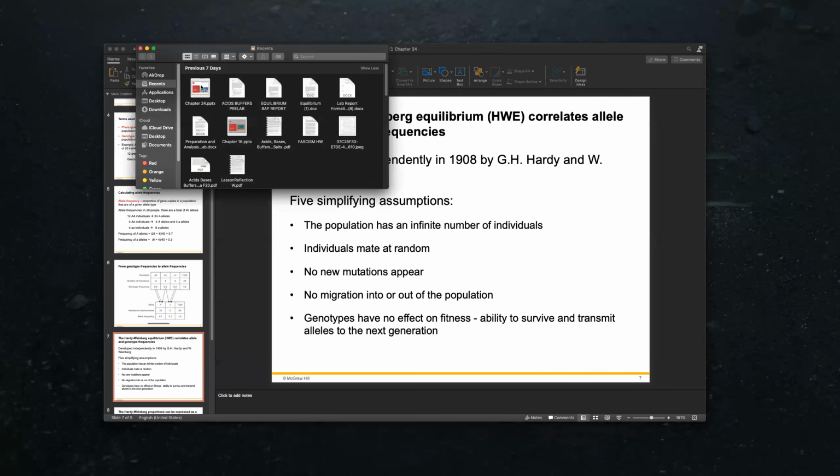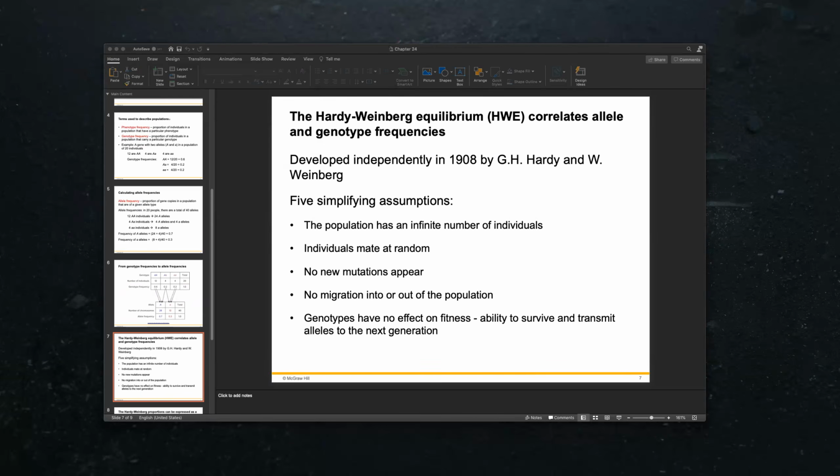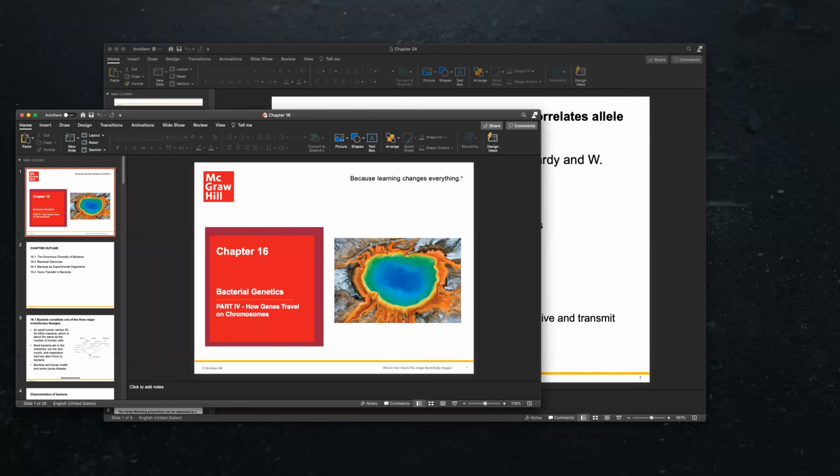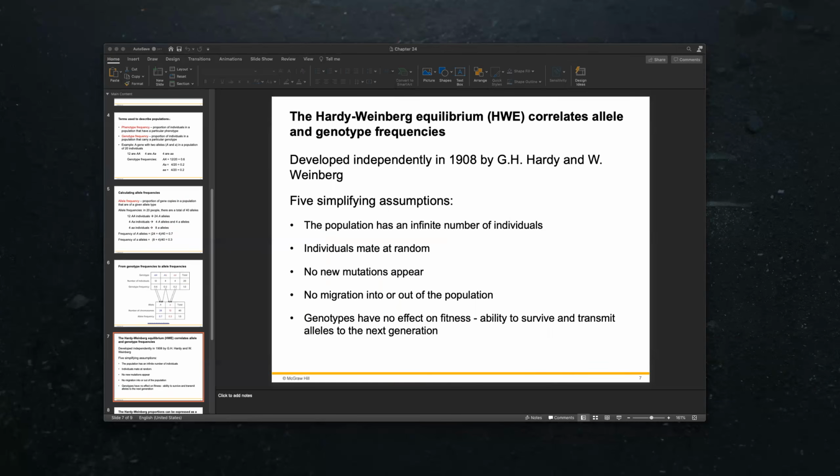The individuals must mate at random. There can't be any new mutations. There can't be any migration into or out of the population. And the genotypes can't have any effect on fitness, so they can't cause someone to die off or something. So basically you have this perfect, ideal environment, and it's just to see how the allele and genotype frequencies move around in that population.